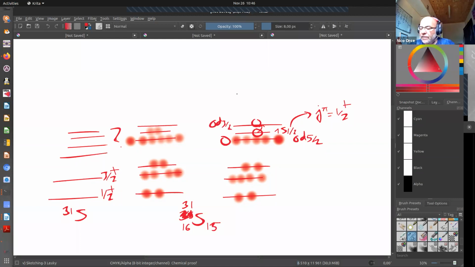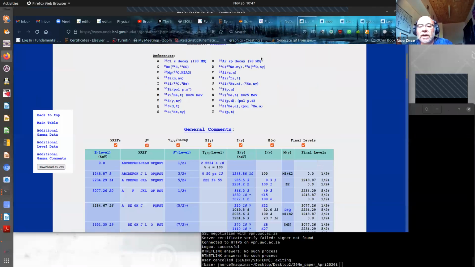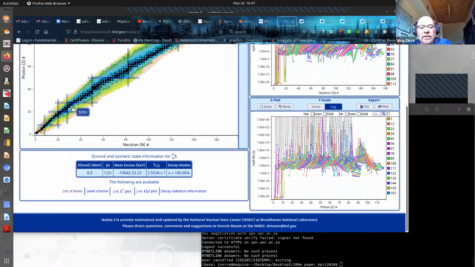Let's go to the level scheme here, and let's look at anything. Let's say titanium-53. Let's see whether you can make titanium-53 and investigate what the levels are.